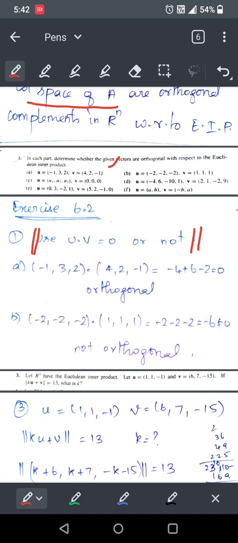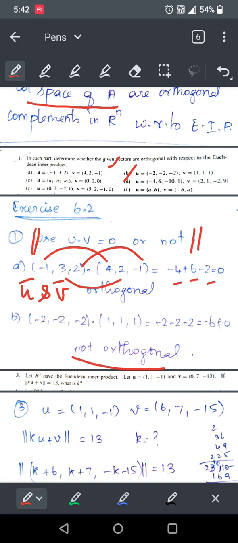Because these are vectors, the Euclidean inner product and the inner product are the same, so we need to take the dot product between these two vectors. -1 into 4 is -4, 3 into 2 is 6, 2 into -1 is -2, so we get 0. Therefore u and v are orthogonal to each other. And for the case of B, we get -6, which is not equal to 0, so they are not orthogonal to each other.